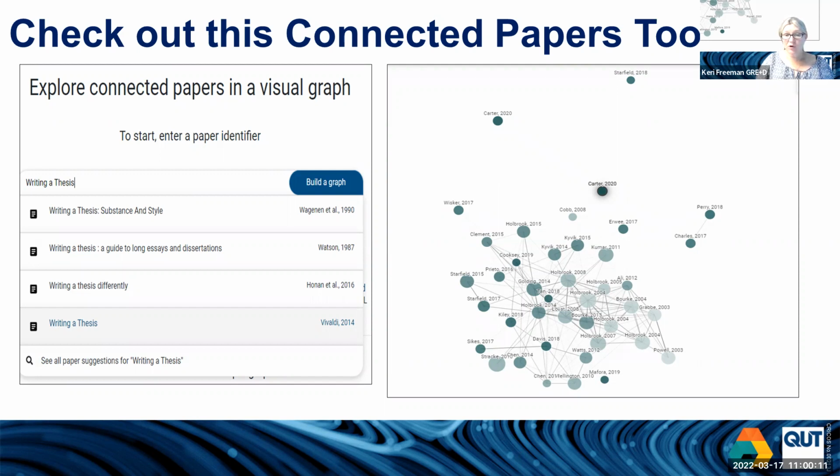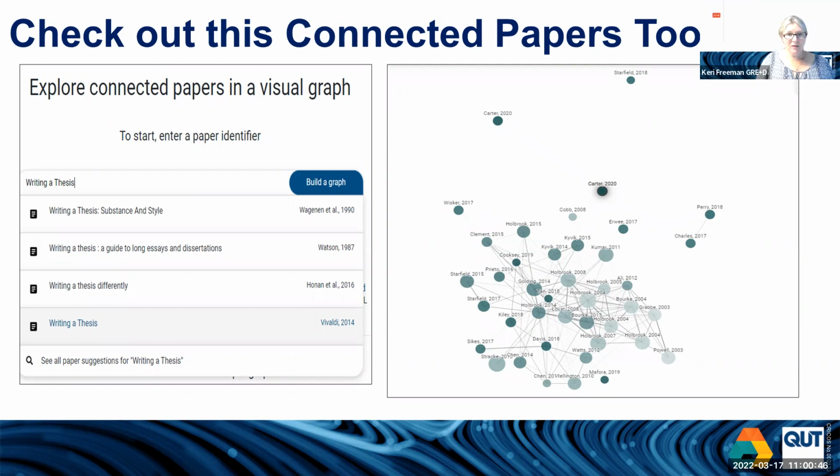The size of the node is indicative of how many citations the publication has had, so it'll give you a bit of an idea. That one was for writing a thesis, which is what I put in, and that's what came up. You can see I'd need to go in and at least have a browse through quite a few of those, but some of the older ones maybe not, if I wanted to reduce how much I read. Yep, it connects all the papers.